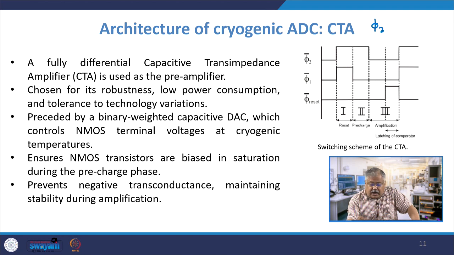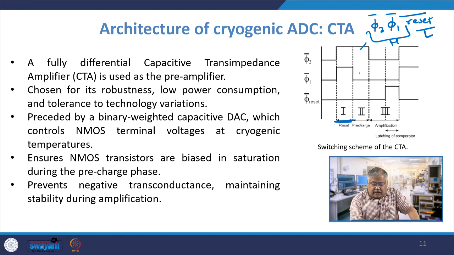When phi 2 bar and phi 1 bar are high and reset bar is low, then you get reset. When phi 2 bar is high, phi 1 bar is low and phi bar is low, you get pre-charge, and when both are low and only reset bar is high, you get amplification. So, there are three stages in which the CTA works.